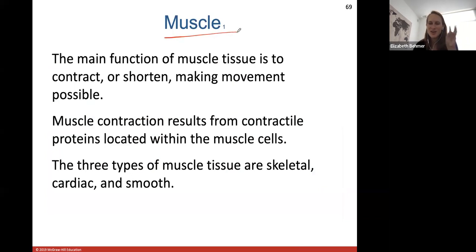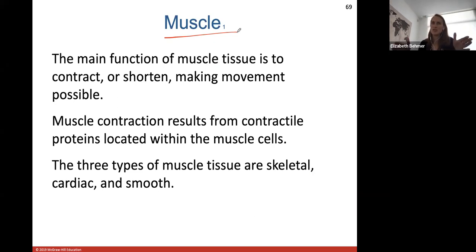Okay, then muscles. So we're into our third type of body tissue now. Epithelial tissue and connective tissue take up the bulk of this lecture. But the main function of muscle tissue is to contract or shorten, which makes movement possible.